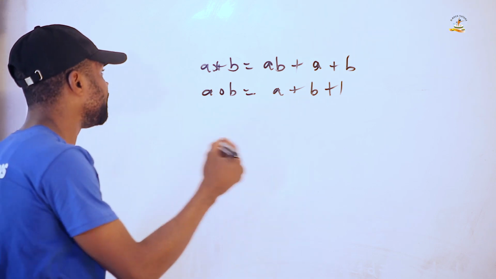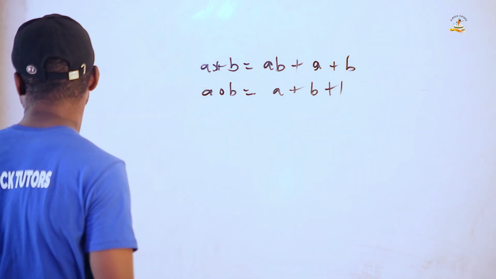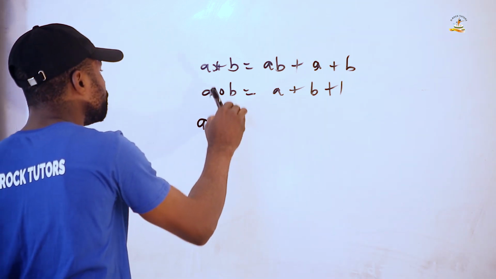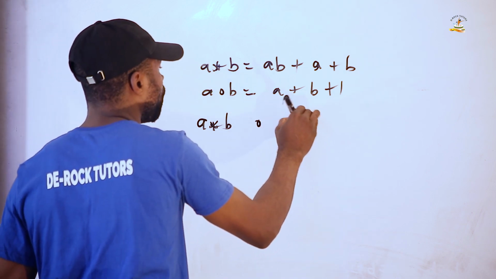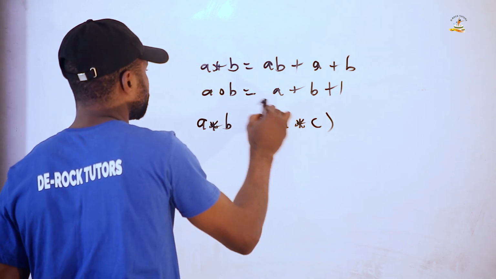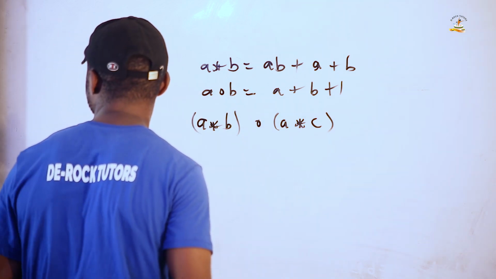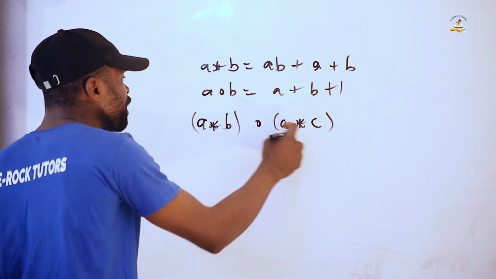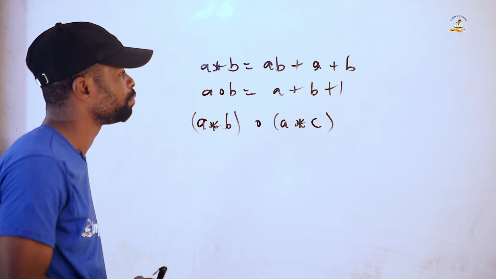So you have A operation B given, you have another A operation B given. So we are required to operate A operation B, operation A operation C, such that it will not involve any of these given signs that represent the operation.